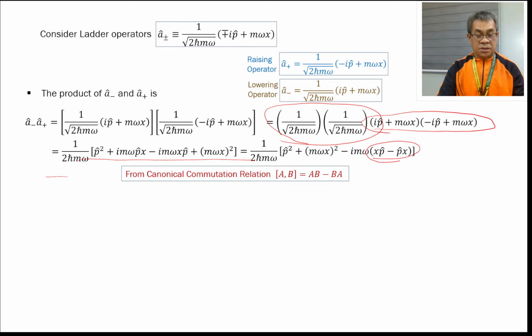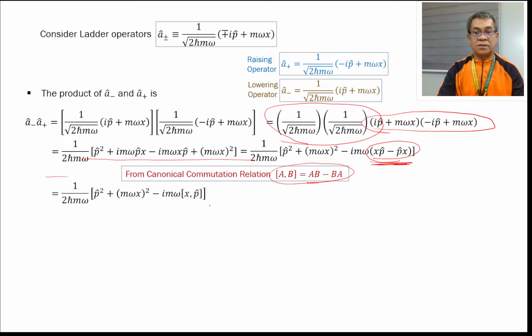If you look at this relationship, it is quite similar to this, which means that this one is just equal to the commutator of position x and momentum p.